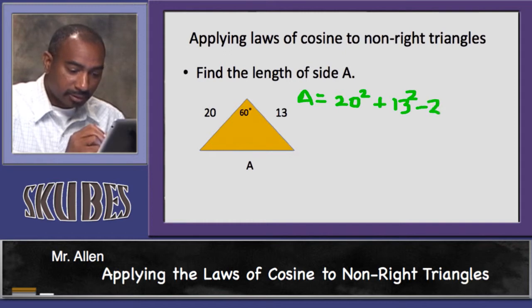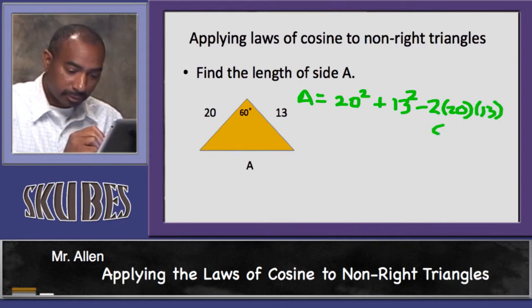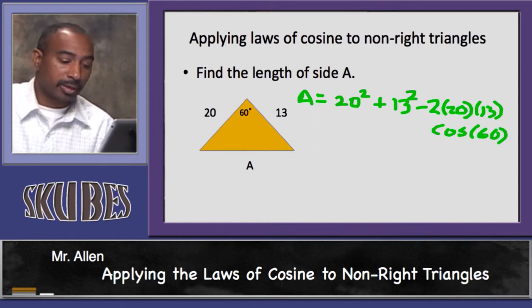And then minus twice 20 times 13, but you're going to take the cosine of the included angle, so cosine of 60. Now simplify this.